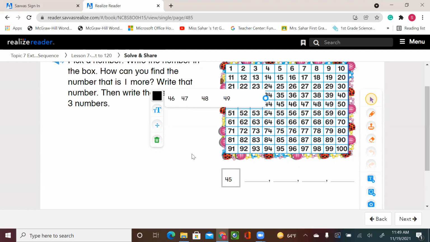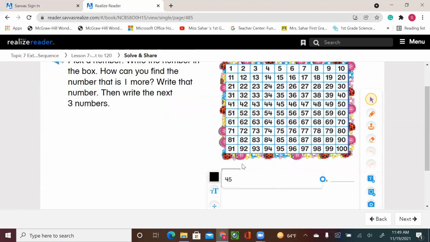You can choose any number you like. So I start with 45, 1 more, 46, 1 more, 47, 1 more, 48, 1 more, 49. Over here, that was my 45, 46, 47, 48, 49.